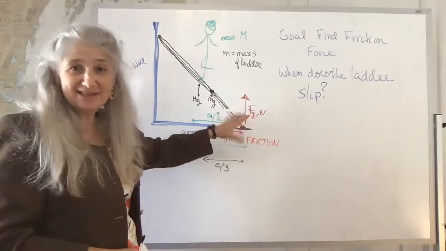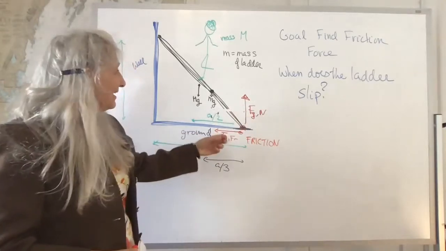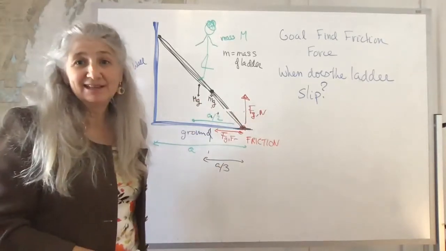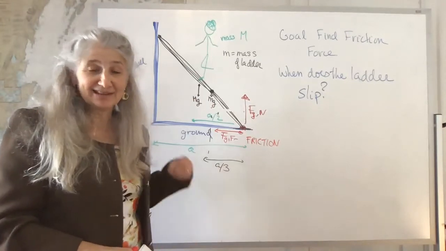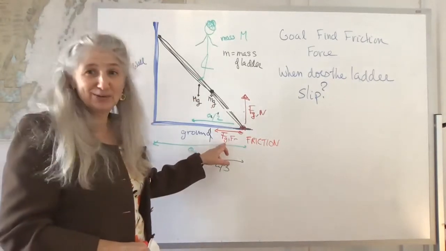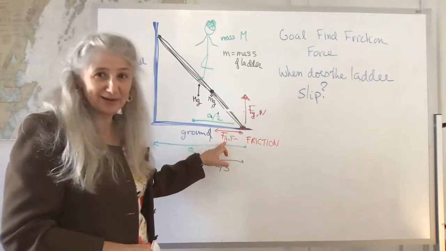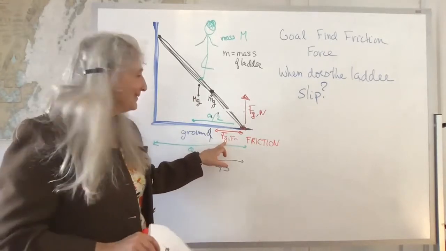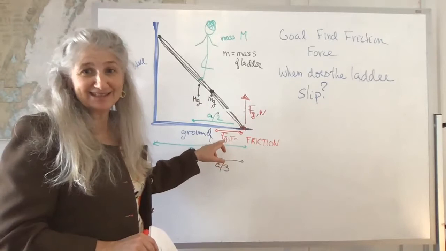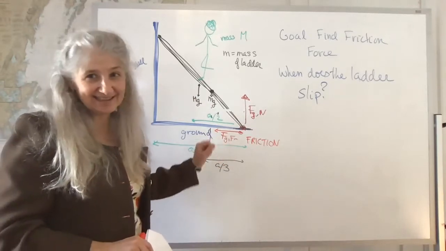The ratio of these two things required to keep the ladder from slipping is either allowed, meaning the required value is low enough that it's below the critical one and the ladder doesn't slip, or it exceeds it and then the ladder slips.